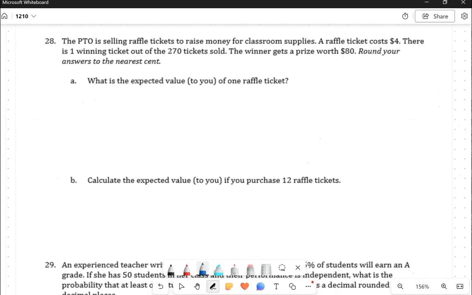There we go, number 28. Expected value. Okay, so to me, I'm going to play this raffle, and I guarantee you I'm going to lose that $4. I assume that $4 is gone. Now I might win $80 if I happen to get the one winning ticket out of the 270 that were sold.